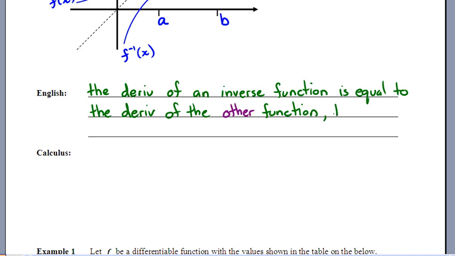The other way, and by that I mean reciprocal, at the other point. And it's that last other that a lot of people miss.